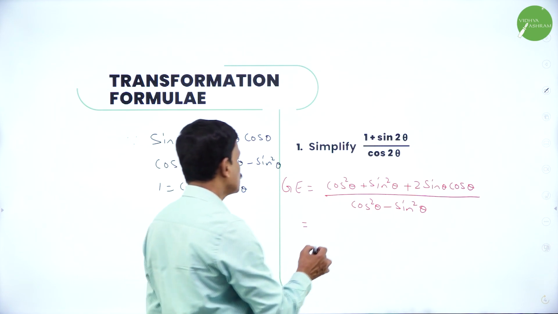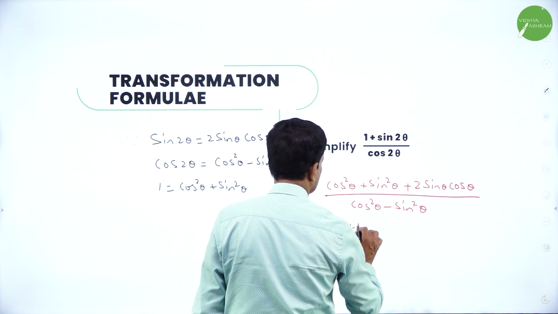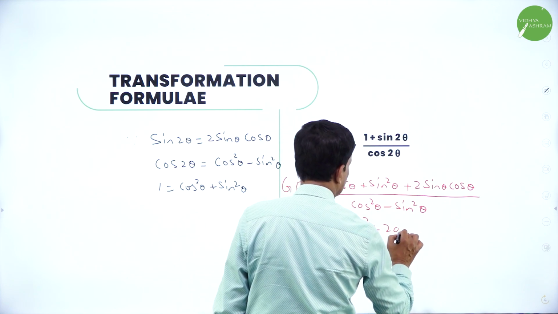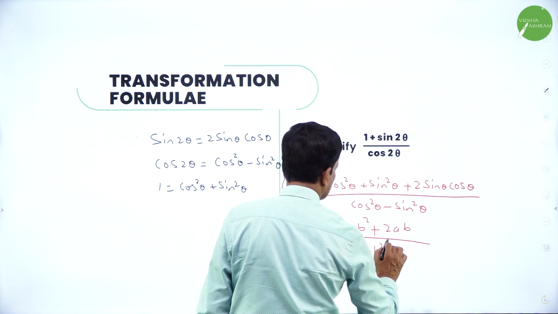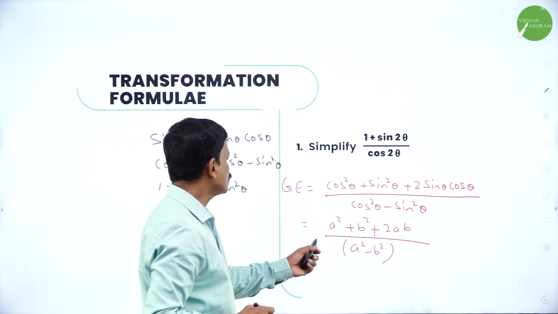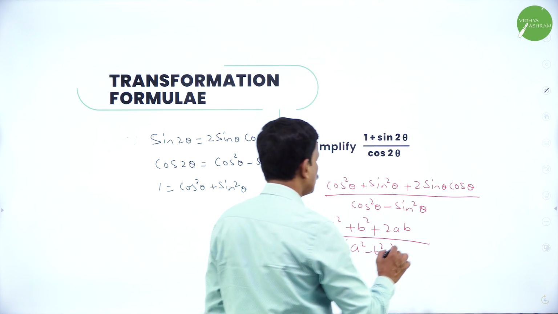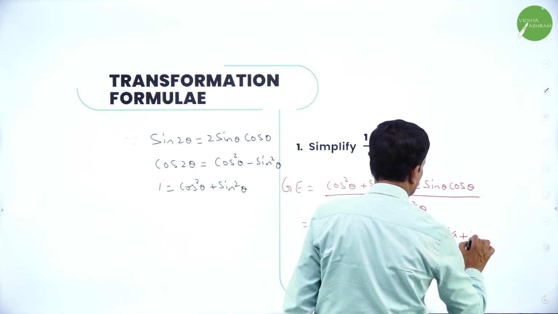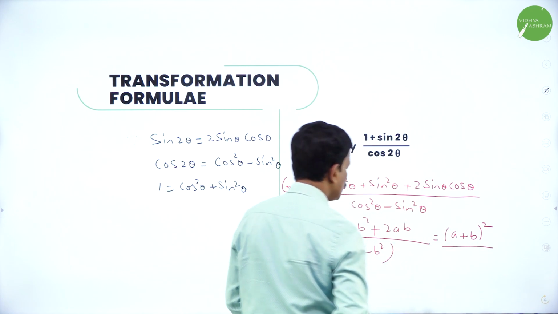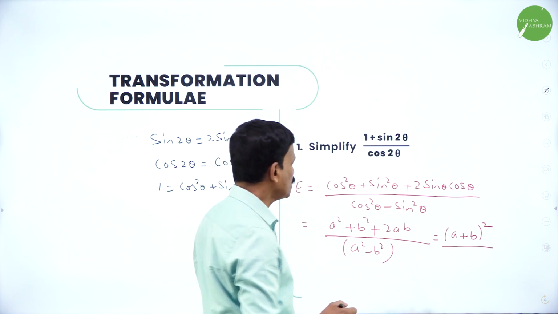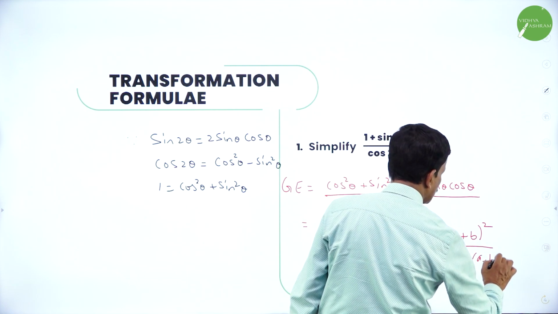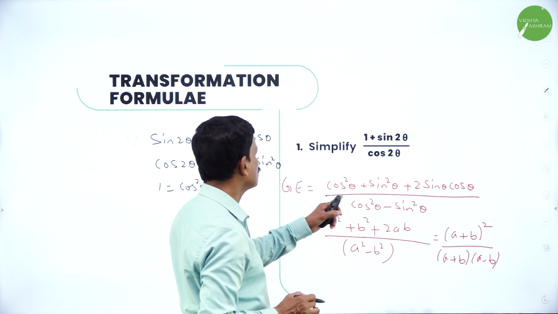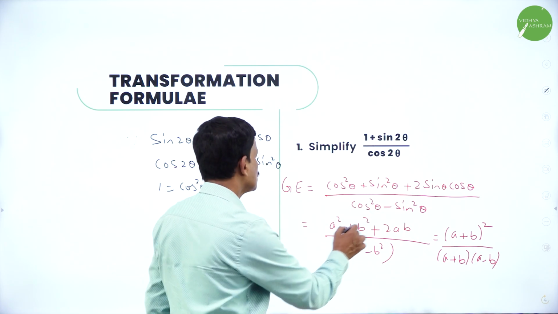Denominator is of the form a square minus b square. Now a square plus b square plus 2ab is nothing but a plus b whole square. In the denominator you can take a square minus b square as a plus b into a minus b, right?